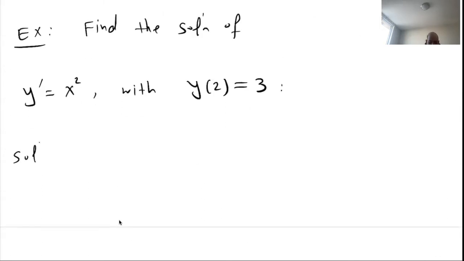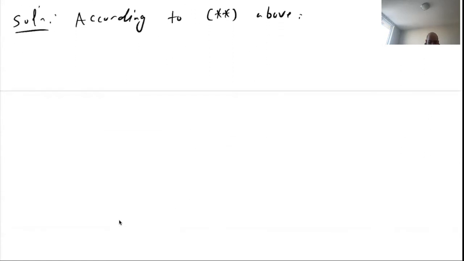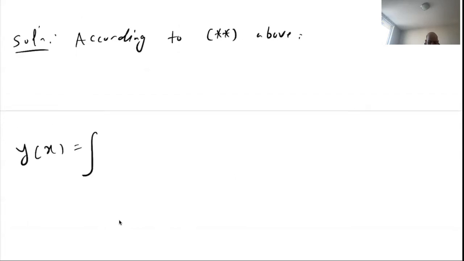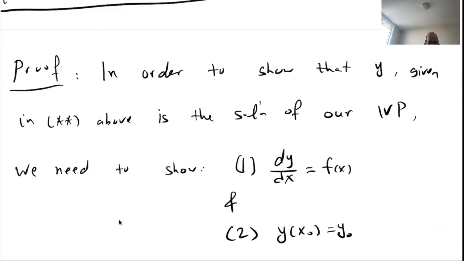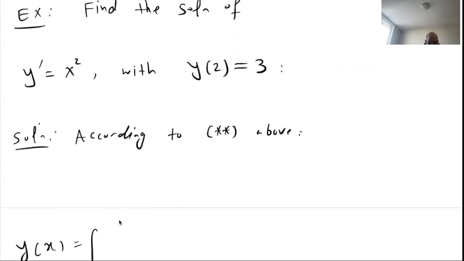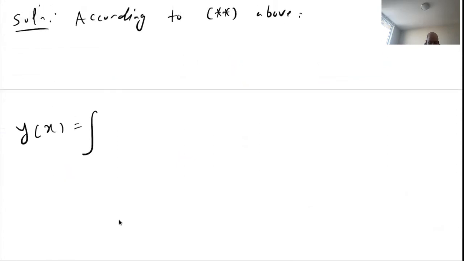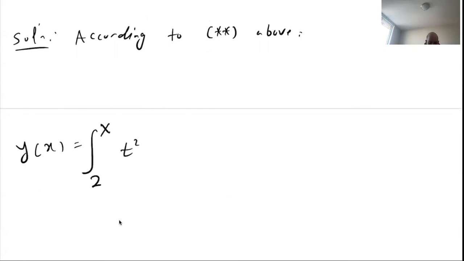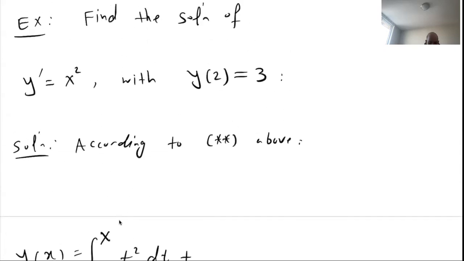So the solution is, according to 2 star above, y of x is equal to the integral from x0 to x of f of t dt plus y0. So x0 here is 2, so the integral from 2 to x of t squared dt plus y0. y0 is 3.